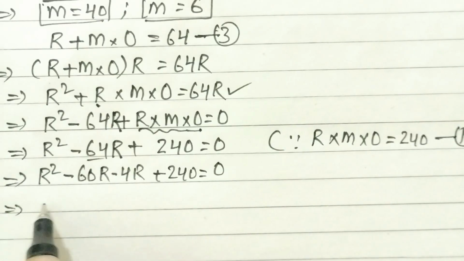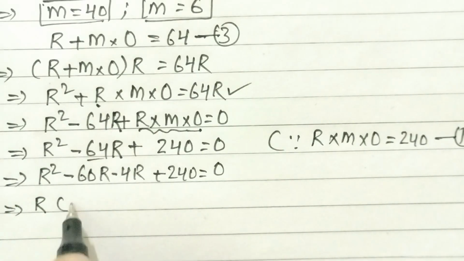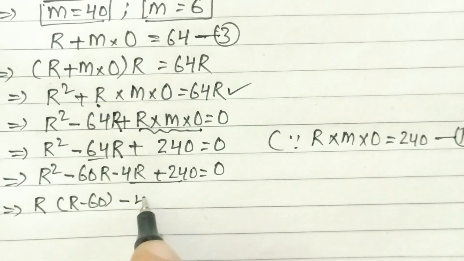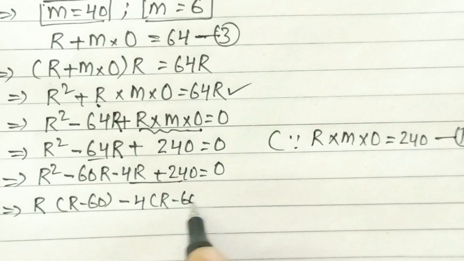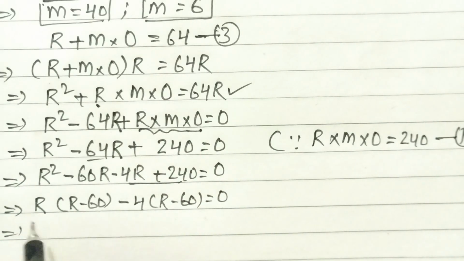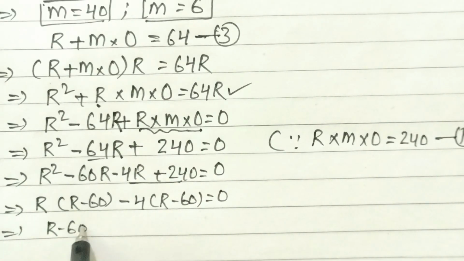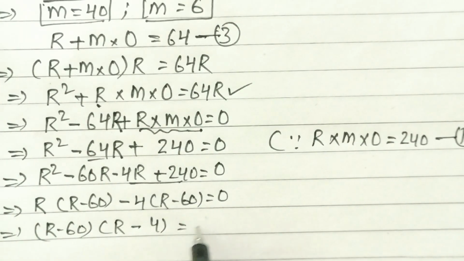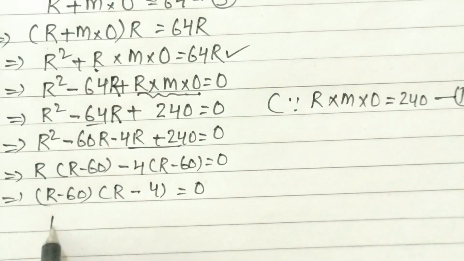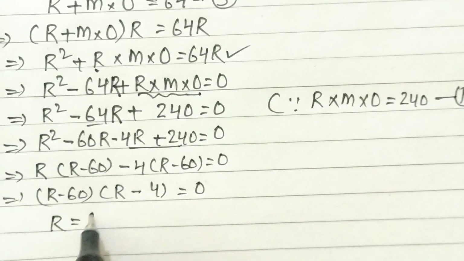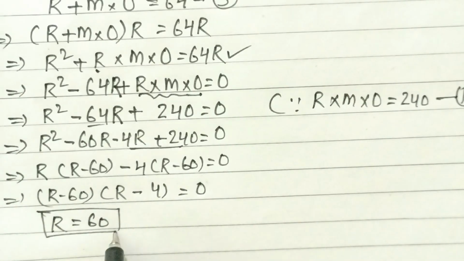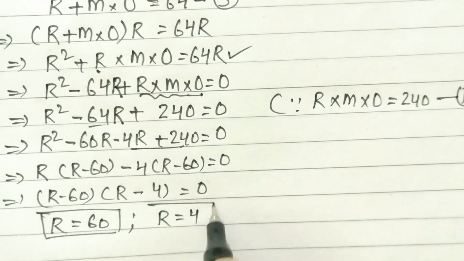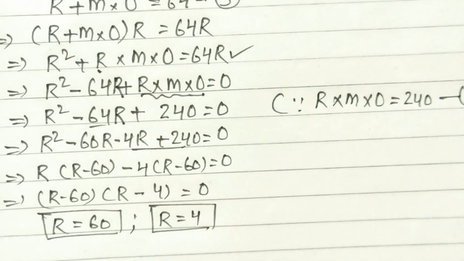Taking R common, R times (R minus 60), and taking 4 common, minus 4 times (R minus 60), is equal to 0. So (R minus 60) times (R minus 4) is equal to 0. So we have found R is equal to 60, and the other value of R is 4.